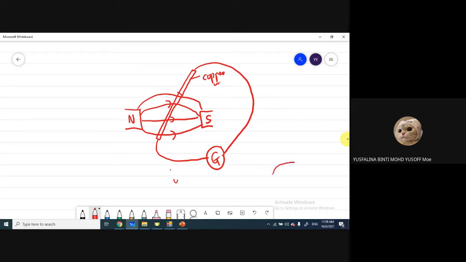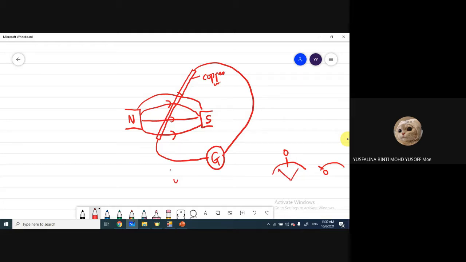For the galvanometer, the zero scale is at the middle. For the normal ammeter, you already know the starting point, zero, is here. But for the galvanometer, the zero starts in the middle. It means the pointer can deflect to the right or to the left.